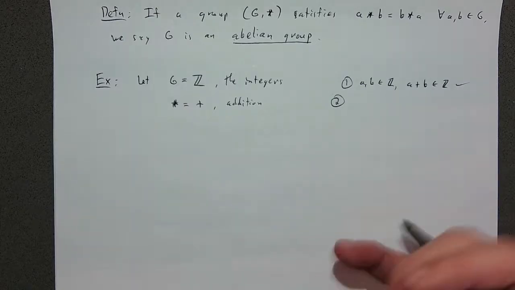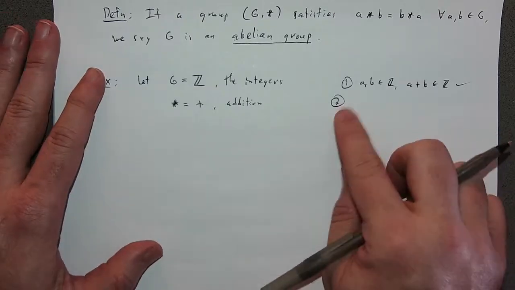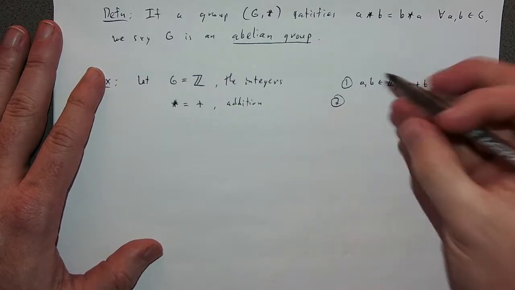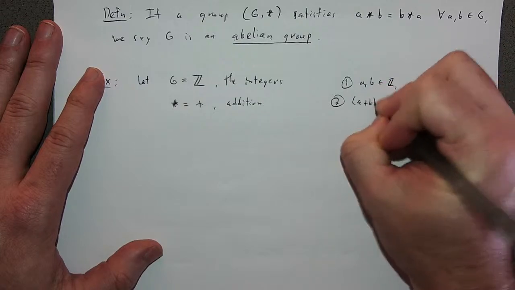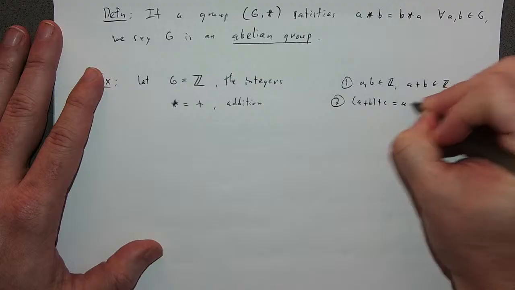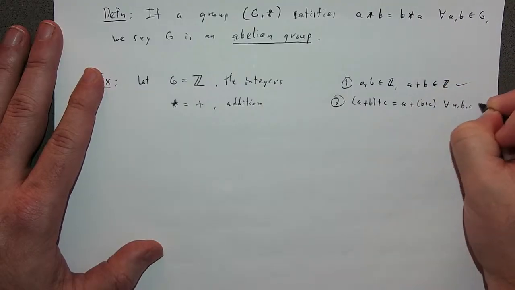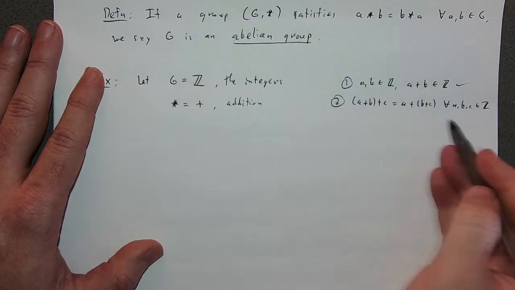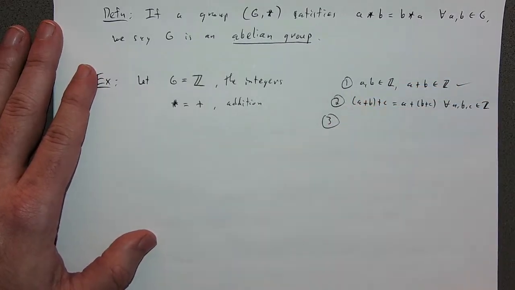But for the most part, it's the other three properties that really define the group. Secondly, associativity. Well, a plus b plus c is equal to a plus b plus c, right, for all integers. So normal addition, integer addition, even addition of real numbers is associative.